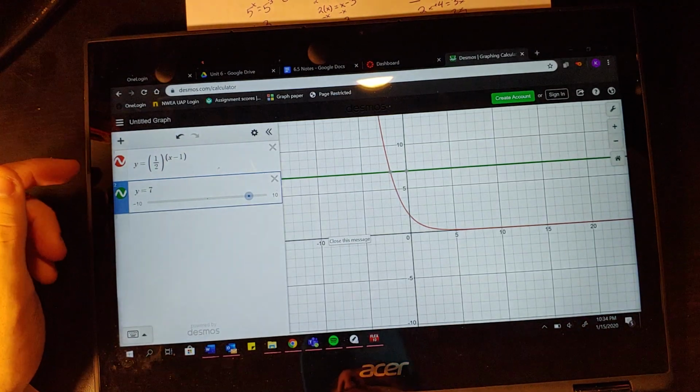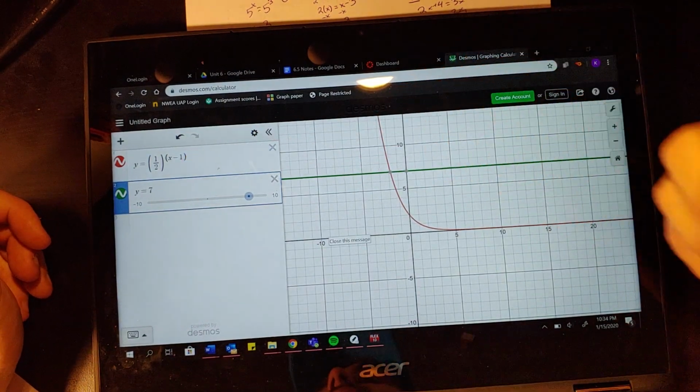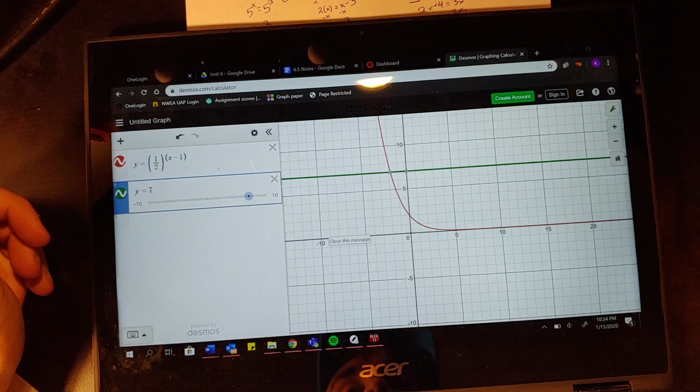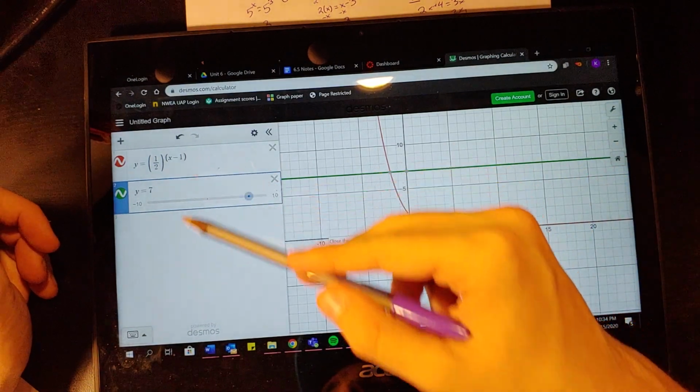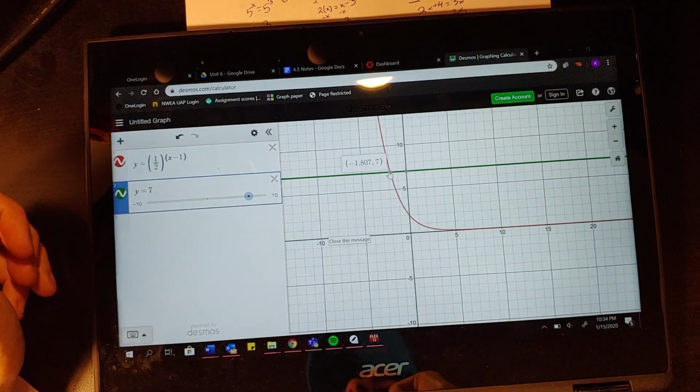When you're typing in this one, you'll want to put your exponent in parentheses as well. So when I type both of my equations in, I'm going to go to where my two lines intersect.